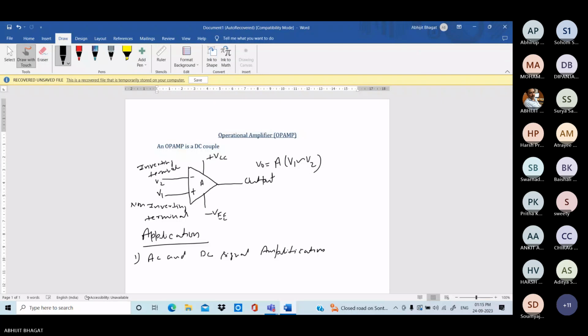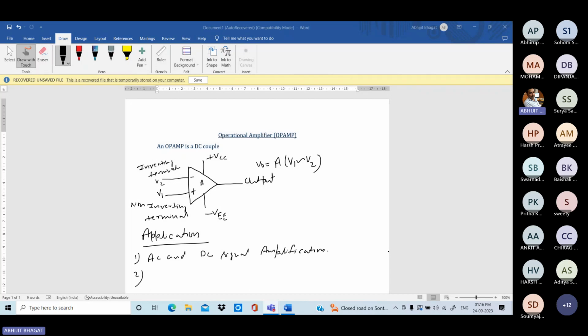Whatever the signal, maybe AC, maybe DC, you can amplify it by using the op-amp.